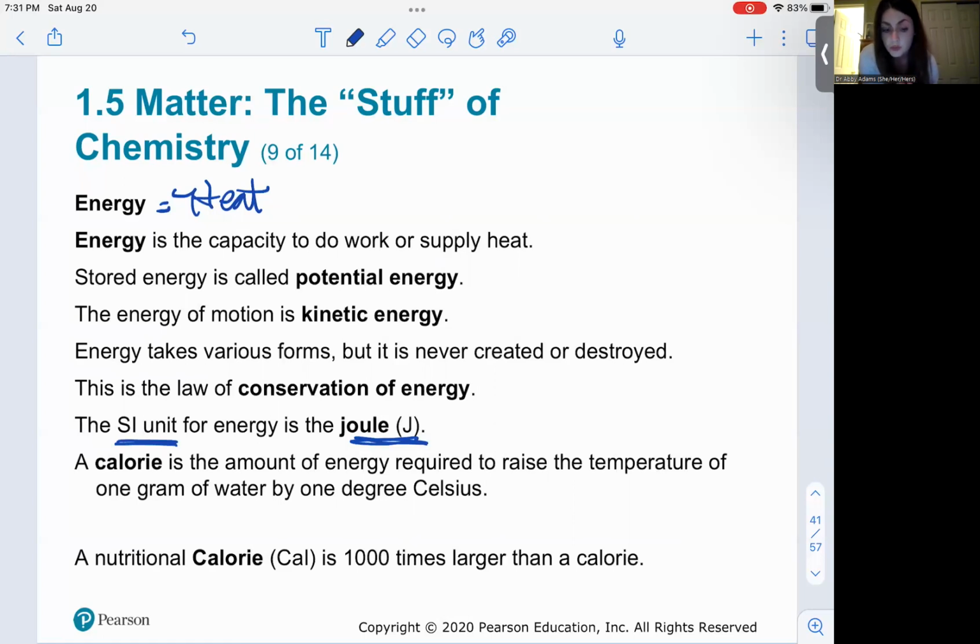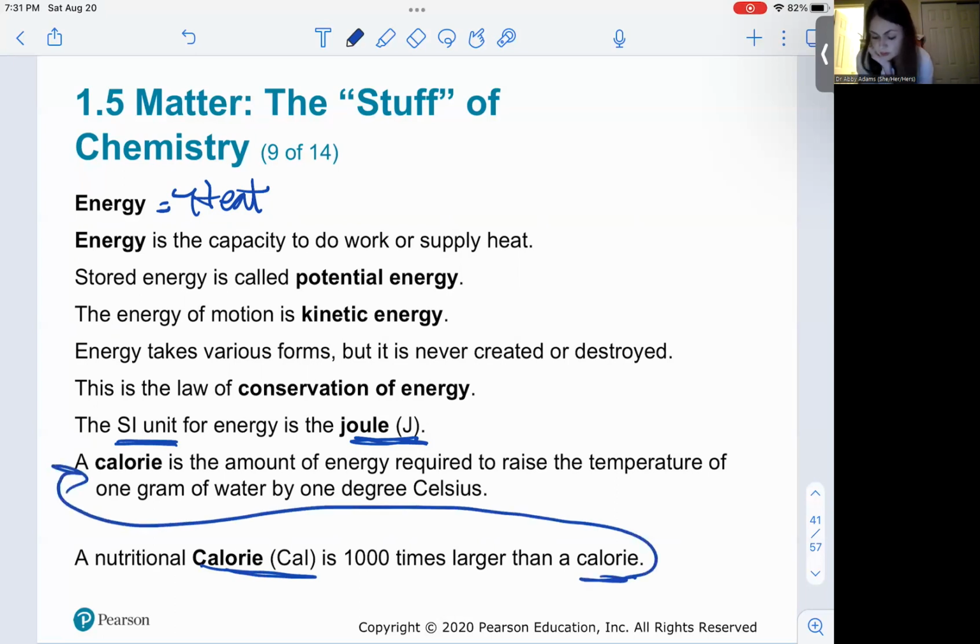So a nutritional calorie that you're going to see on your food package is 1,000 times greater than the calorie that's mentioned in this definition, which is the amount of energy required to raise the temperature of 1 gram of water by 1 degree Celsius. So that's Celsius, it's not Kelvin, even though we're just talking about SI units, okay?